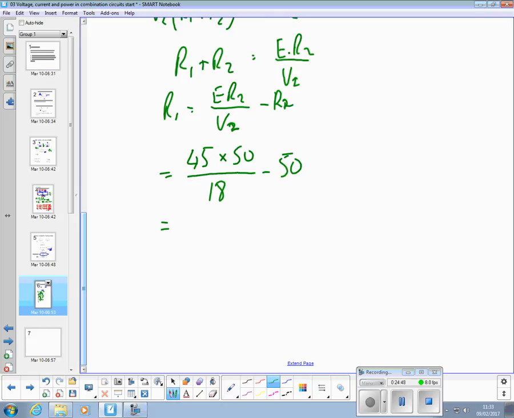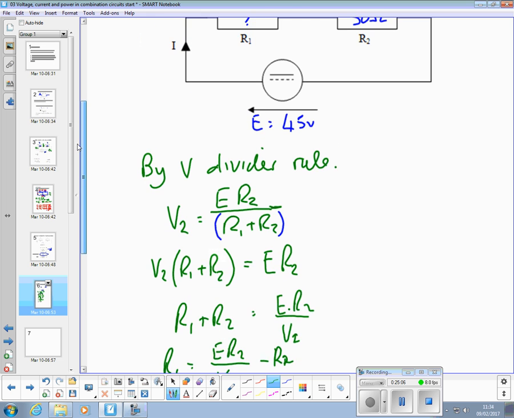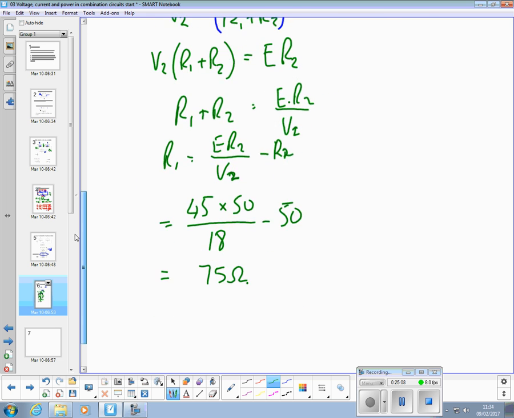That's 75 altogether. Everyone else agree with that? Right, going back up the top, so we can do that in one go by voltage divider rule.